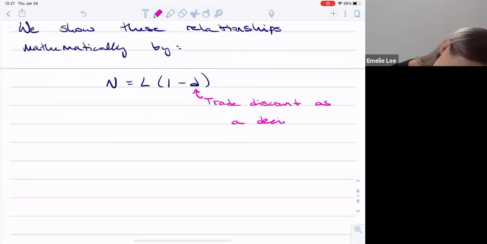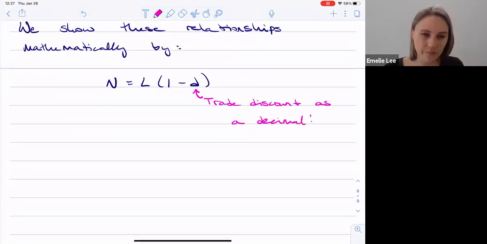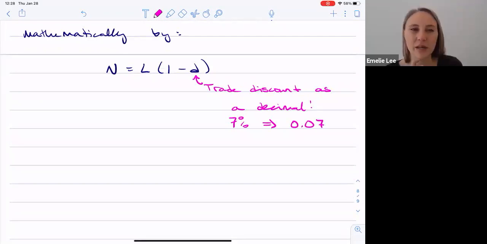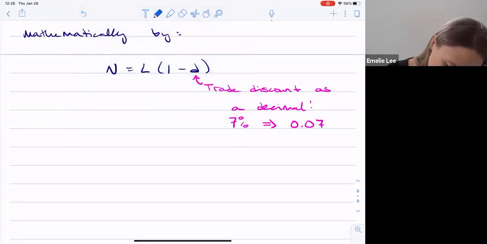So for example, a 7% trade discount, you would have to use 0.07, divided by 100, or you can use the percentage button on your calculator. Doesn't matter. Okay, so that's your D. That's the hardest one to deal with here.